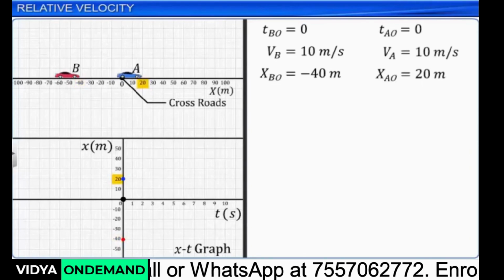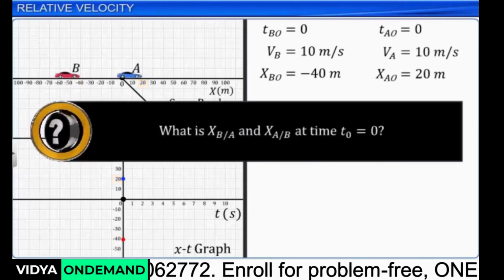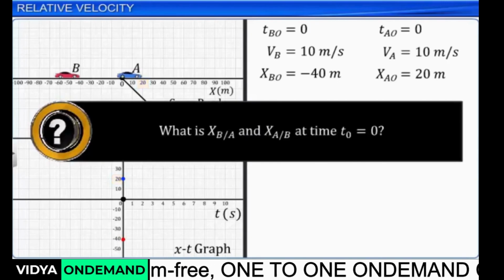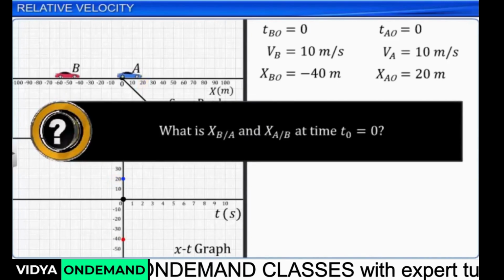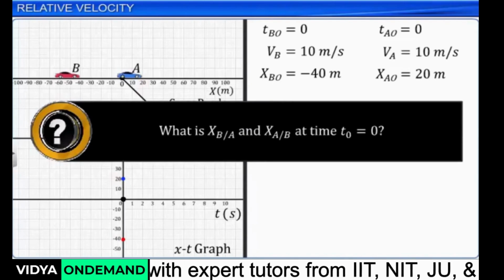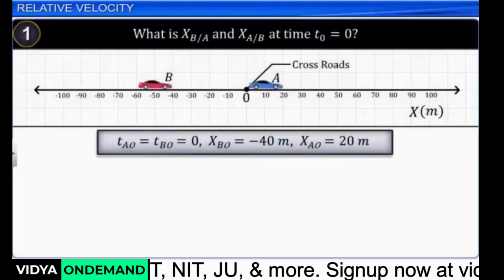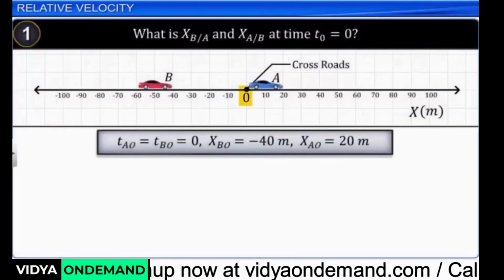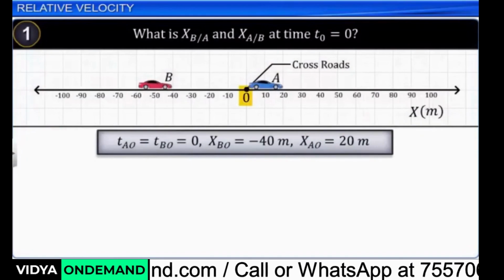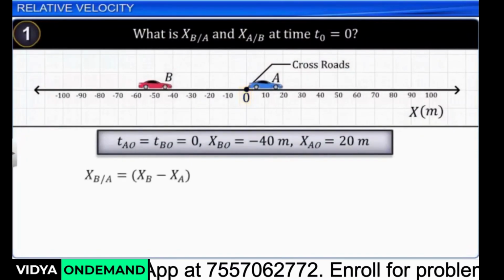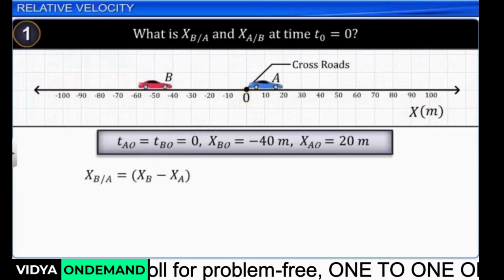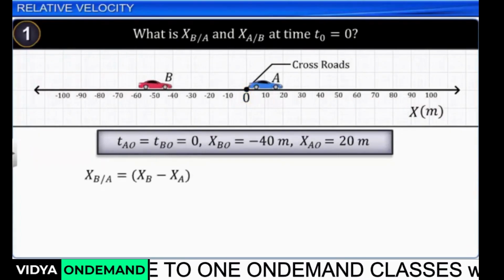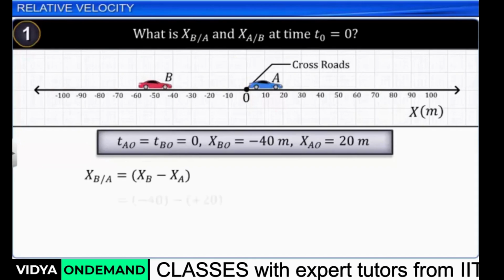What is xB/A and xA/B at time t0 equal to 0? Taking the crossroads as the origin O and time equal to 0, xB/A is equal to xB minus xA. This is equal to minus 60 meters.